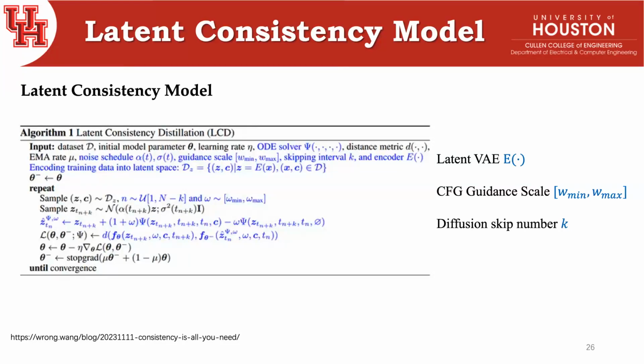They also use a guidance scale. Just like in classifier guidance or classifier-free guidance, we have a scale that determines how strongly the guidance will guide us. And also we have the diffusion skip number, which determines how many steps we skip.